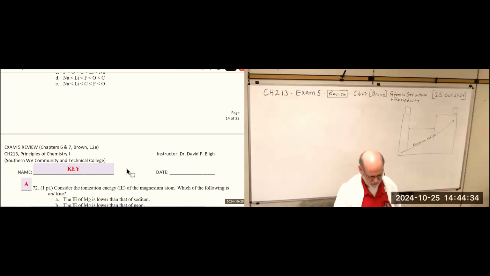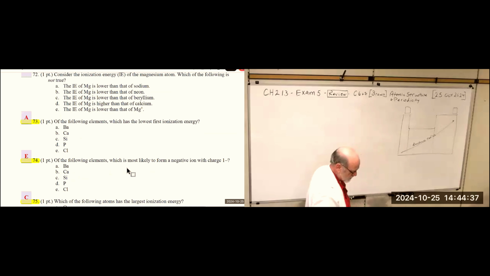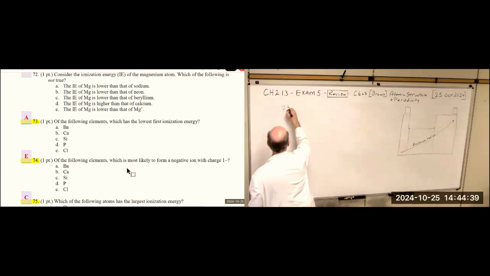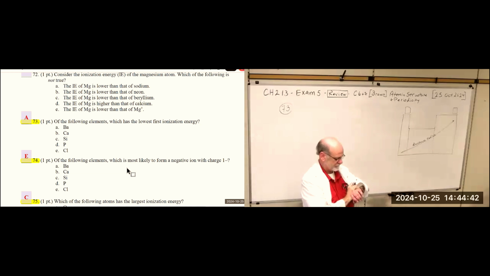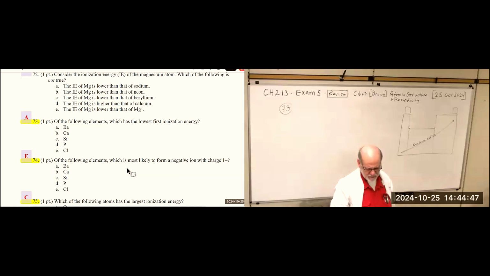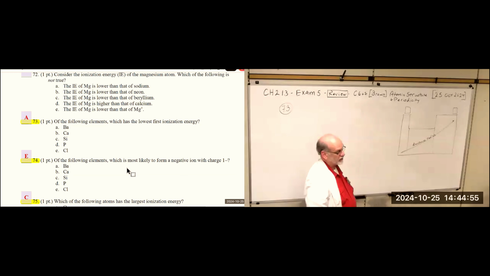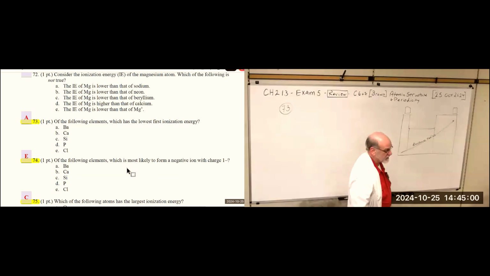Let's see, who else do we want to look at? 73. Of the following elements, which has the lowest first ionization energy? All we have to do is find out which one is to the right and up. So barium is down here, calcium is up here, right next to it.